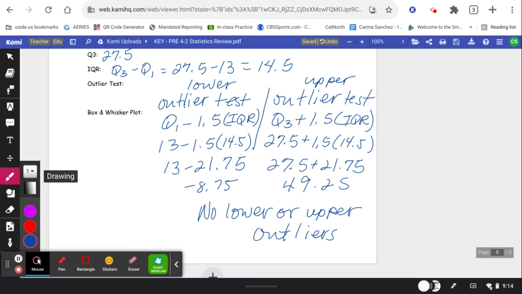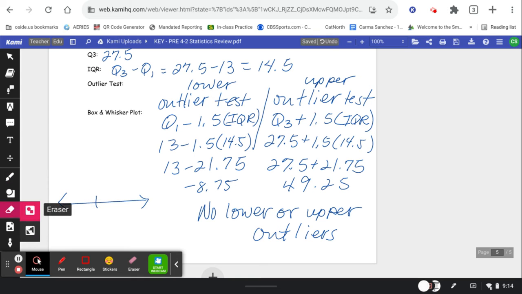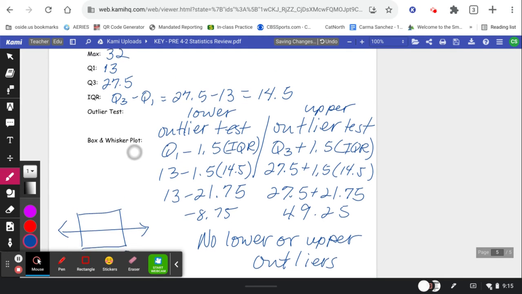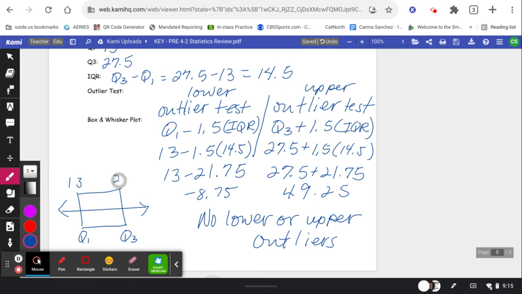So then I go draw my box and whisker plot. Front of the box is my Q1. Back of the box is my Q3. Connect the box. Q1 is at 13. Q3 is at 27.5.